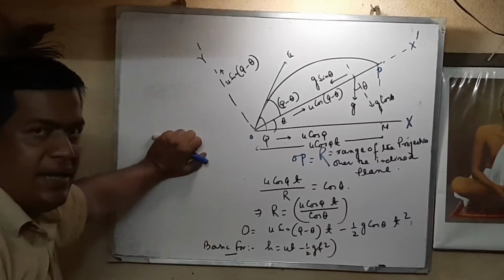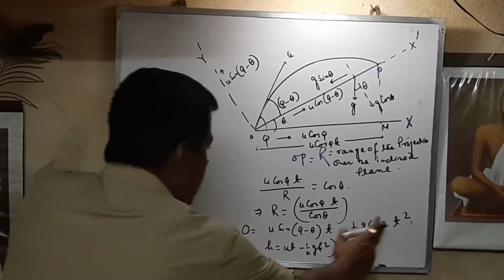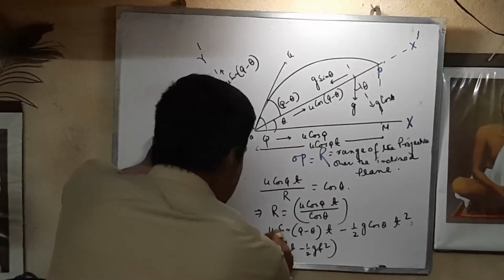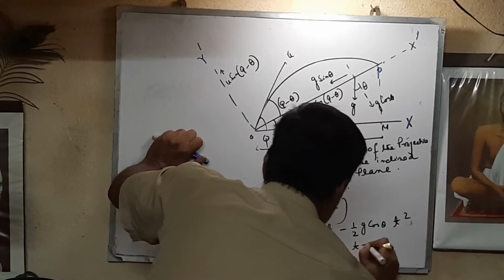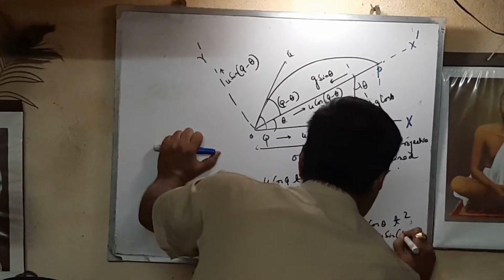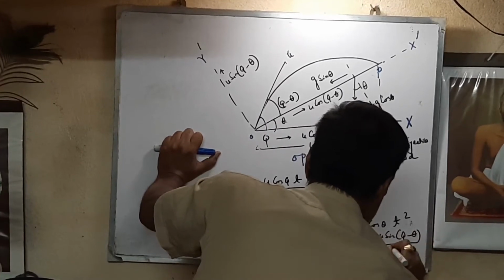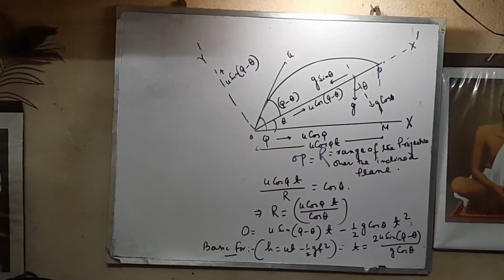Since t is not equal to 0, from the solution I get t equals 2u sine of phi minus theta by g cos theta.